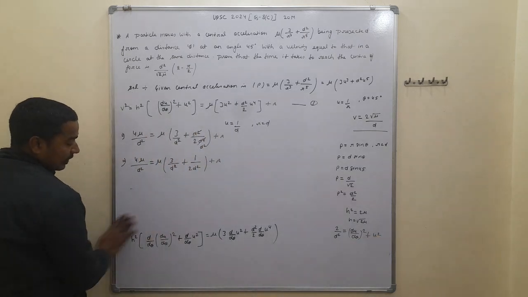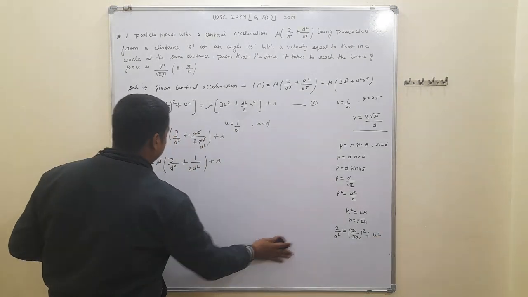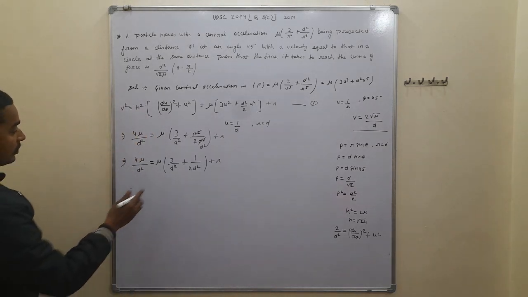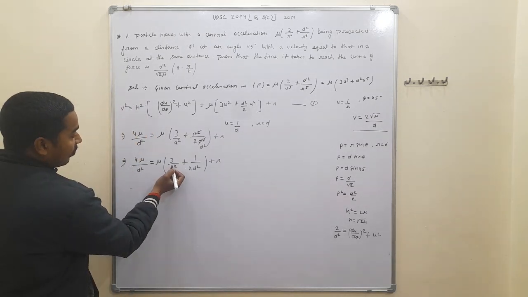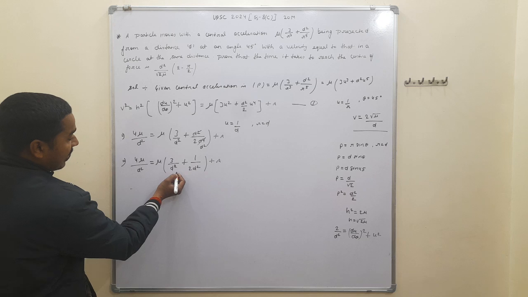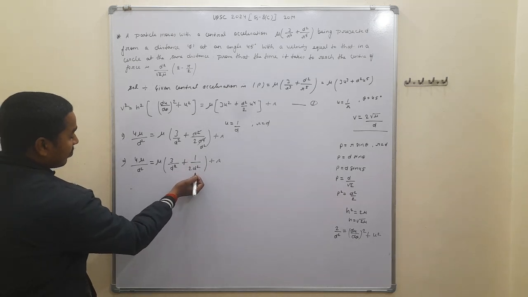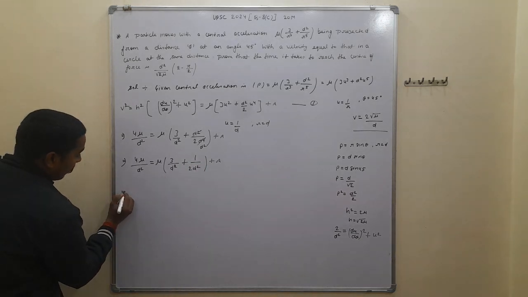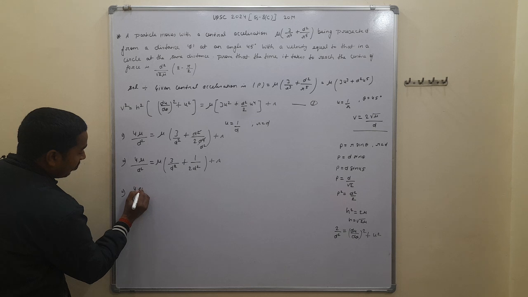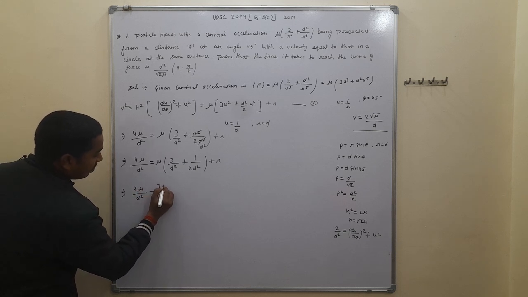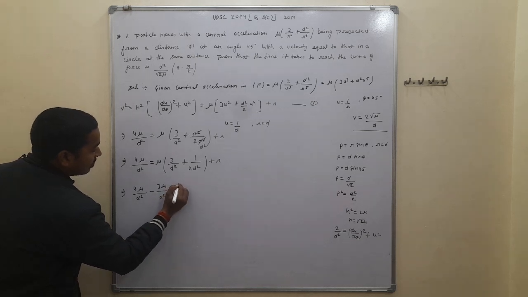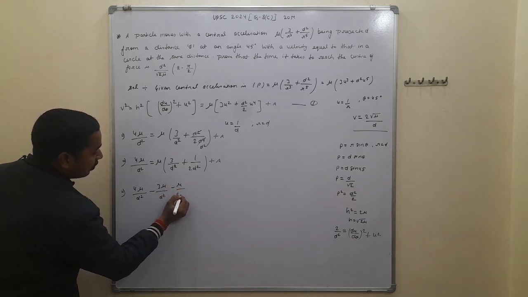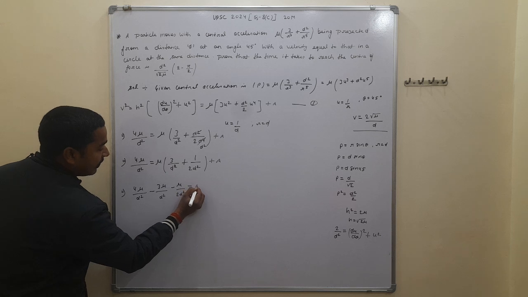Further we have to use the result, and we can also take 3 mu upon d square and mu upon 2d square to the left hand side, that is 4 mu upon d square minus 3 mu upon d square minus mu upon 2d square is equal to a.